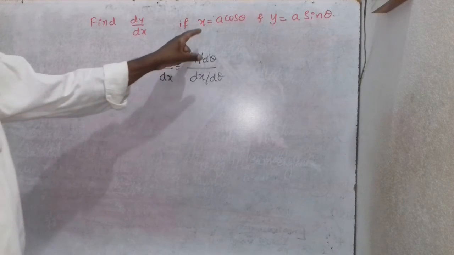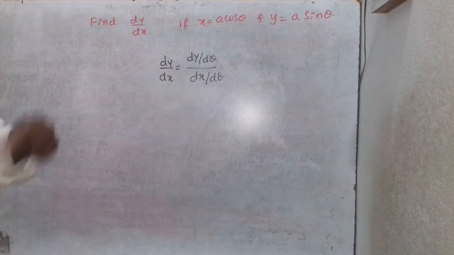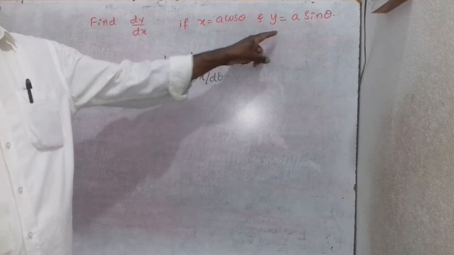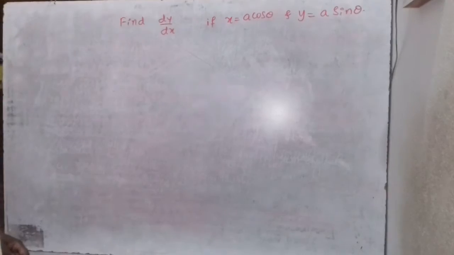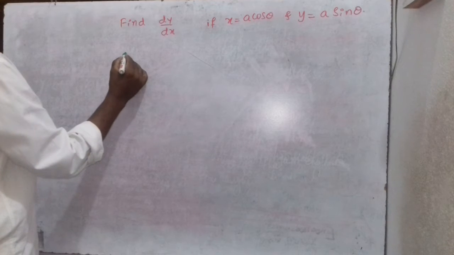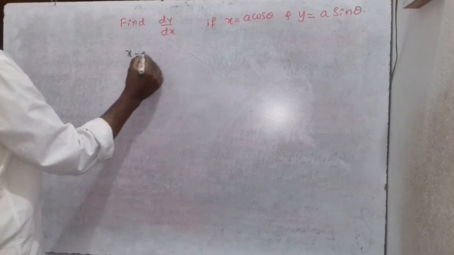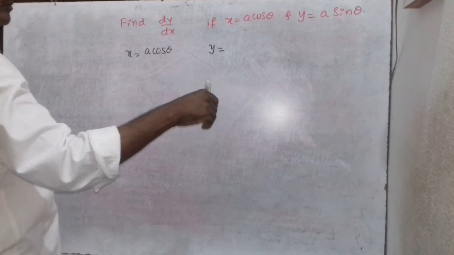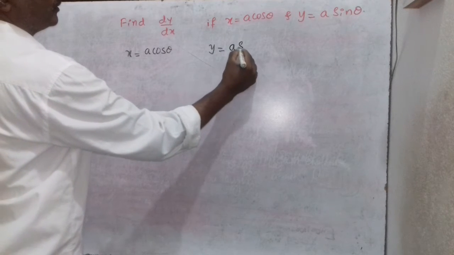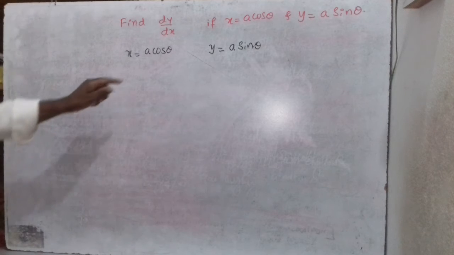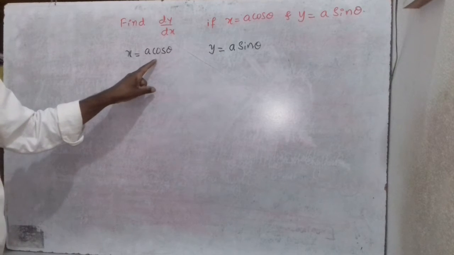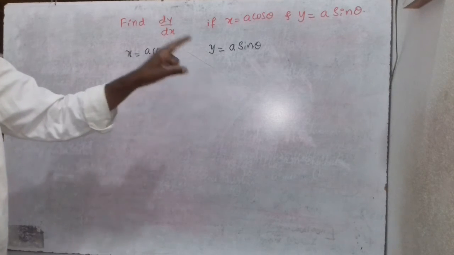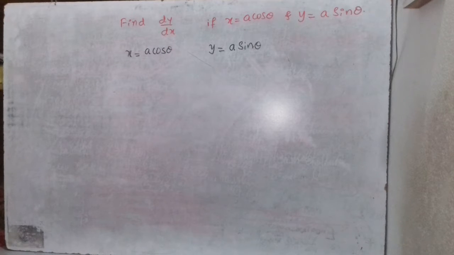Therefore we differentiate x and y with respect to theta and then substitute the derivatives dx by d theta and dy by d theta in this equation.